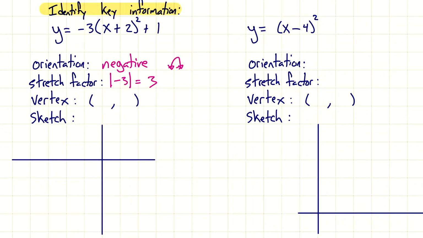All right, let's see if you got this correct. If you said the vertex is, so let me change the color. Our H value is going to be -2, and our K value is going to be +1.